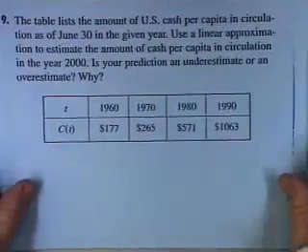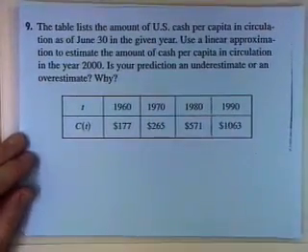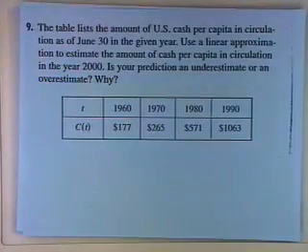Okay, last example. This is a problem in your book. It's in the list of homework, but it's not going to be a homework problem. It's from page 174 in your text.